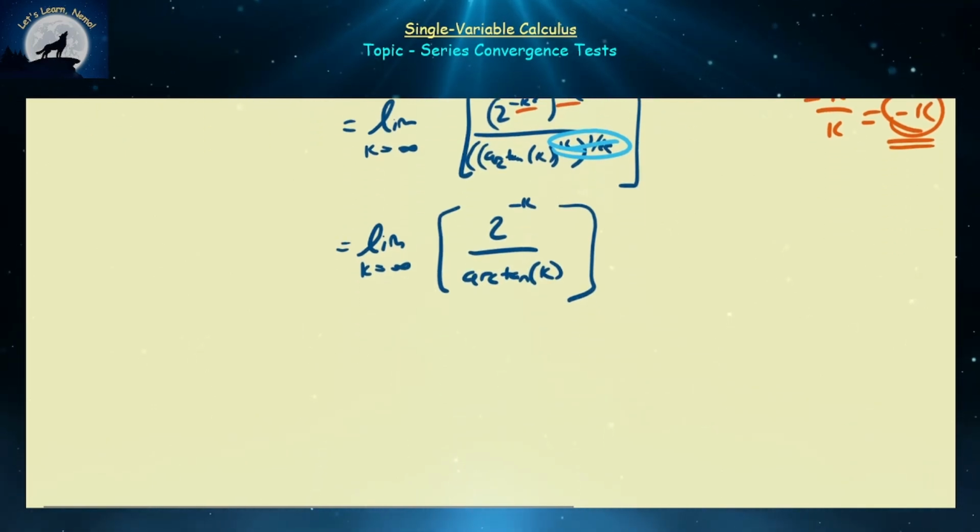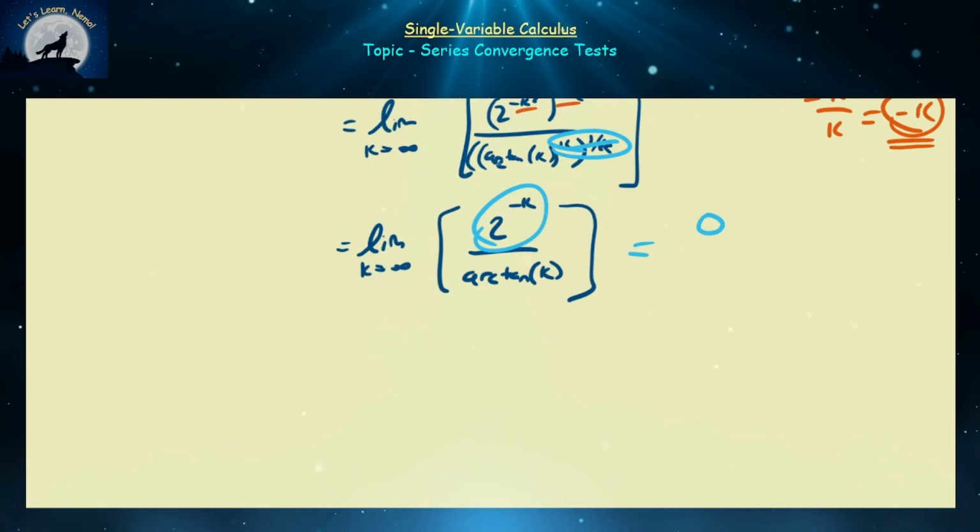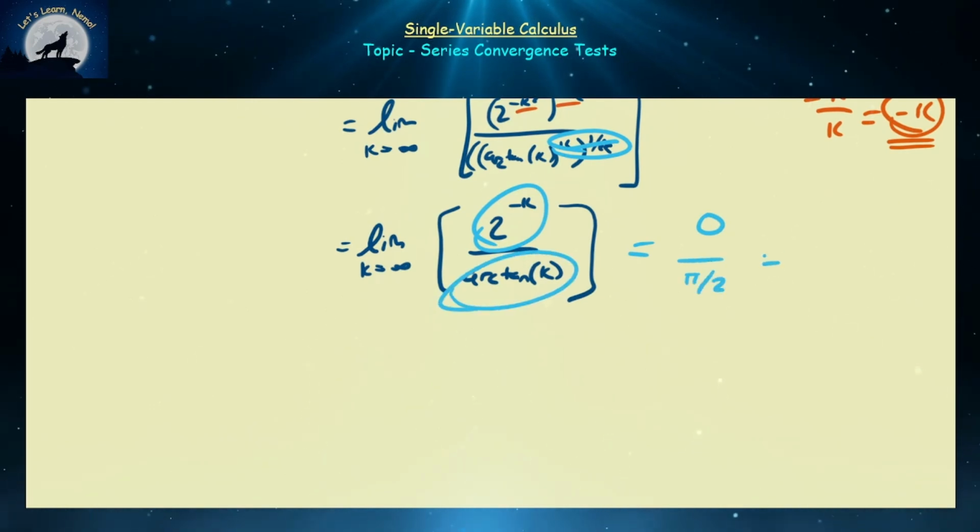And what do we have here? 2 to the minus k goes to 0 as k goes to infinity, and arctangent of k goes to pi over 2 as k goes to infinity, and 0 divided by a finite number is obviously 0, and 0 is less than 1.